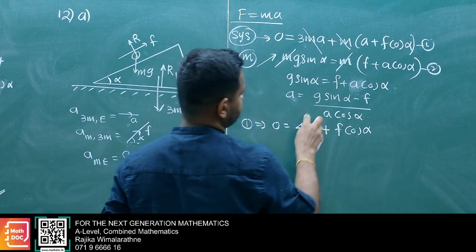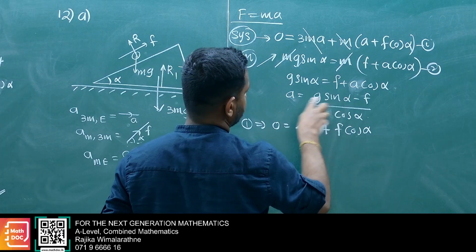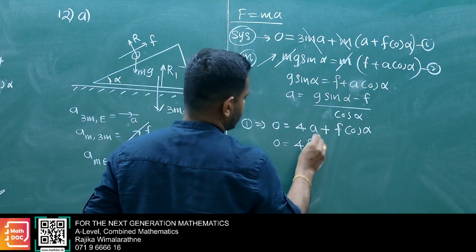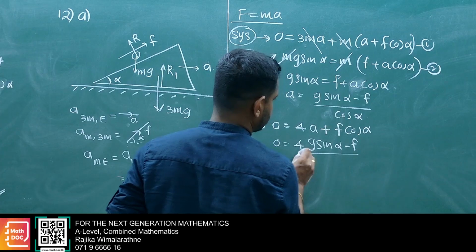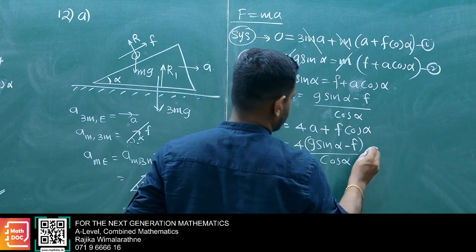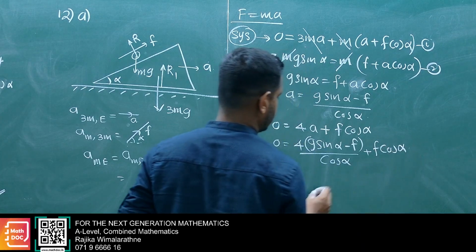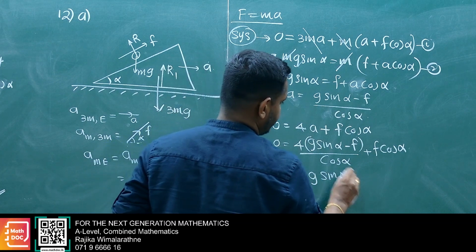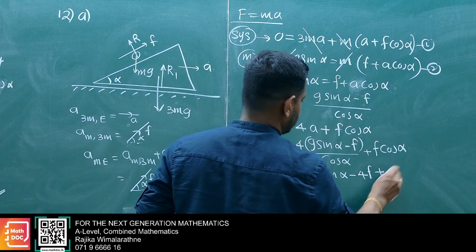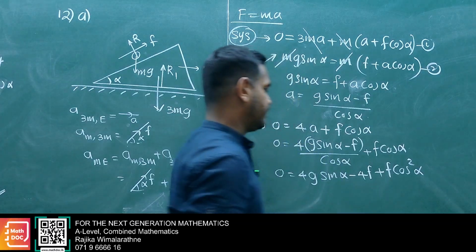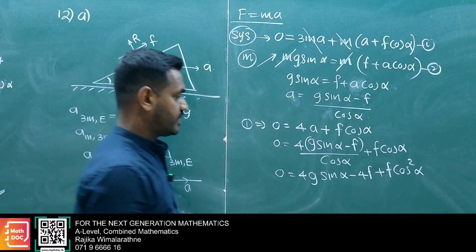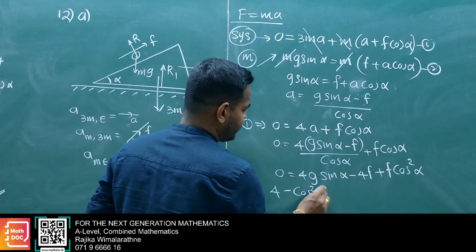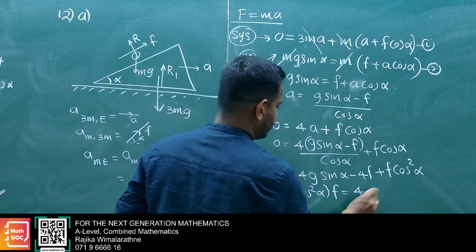Then substitute a here: a equals g sin alpha minus f over cos alpha. So 0 equals 4g sin alpha minus 4f plus f cos squared alpha. Now you can find the f value: (4 minus cos squared alpha) f equals 4g sin alpha.